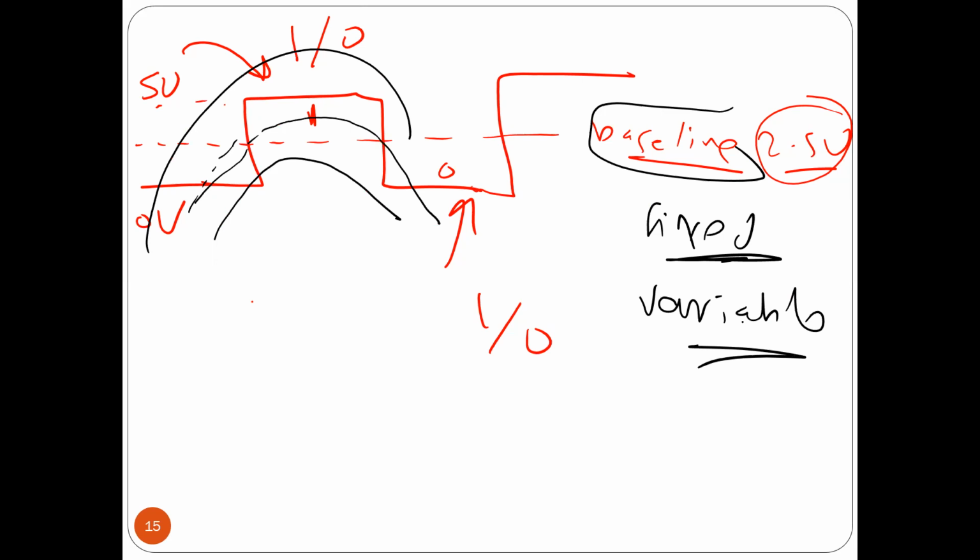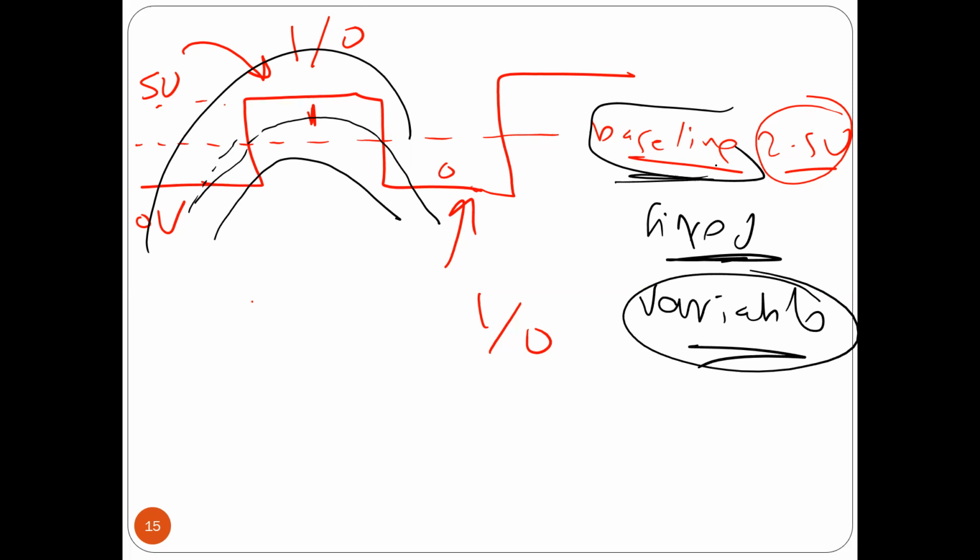So this one is going to be variable, assuming most of the time you are going to transmit 1, 0, 1, 0. The baseline is going to be variable because noise is going to change. You got what I'm saying? Variable means this is happening by calculating a running average.